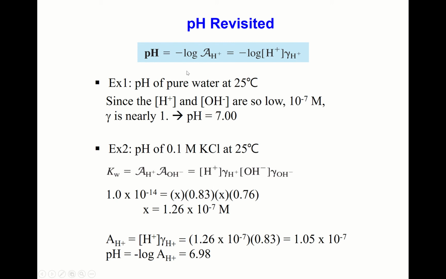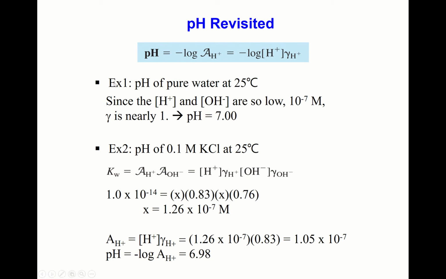So the new definition is like this: pH equals minus log of proton activity, and using activity coefficient and molar concentration, it can be rewritten as this one. The purpose of this calculation is to see how much activity affects the pH calculation.